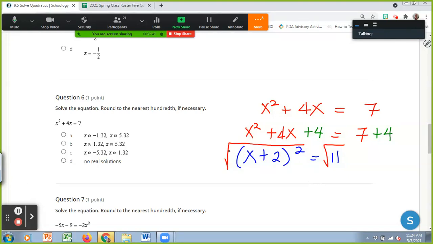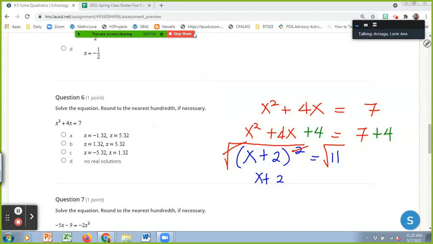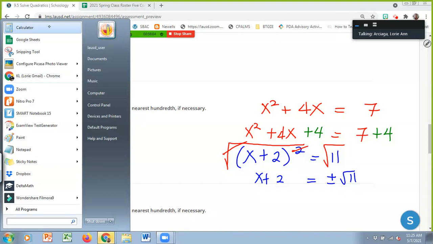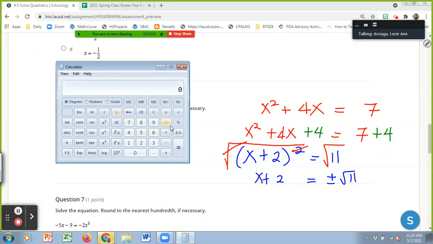Enjoy your life. Okay, so let's get the square root of both sides. And then x plus 2 here. Oh, nice one. Good job. Okay, so x plus 2 is equal to, don't forget your positive or negative radical component. Now I need a calculator for that too. In decimal, what's the square root of 11?